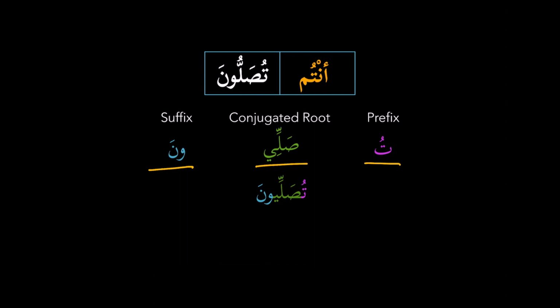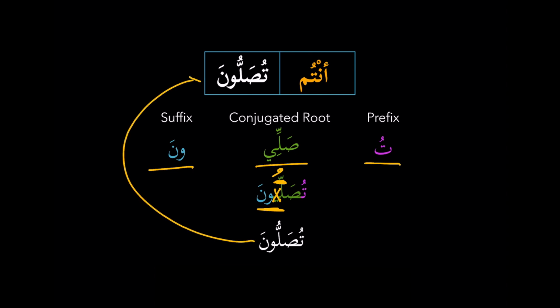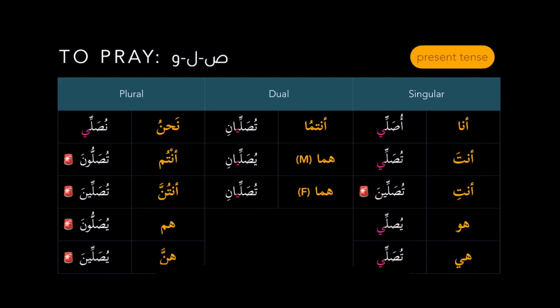And now because the ya and the waw with sukoons on them cannot go side by side, the weak vowel, which is the ya, is dropped, and the kasra preceding the weak vowel, the one on the lam, gets converted into a dhamma for ease of pronunciation. Entum tusalluna. And the same exact principle applies to enti, entunna, hum, and hunna.